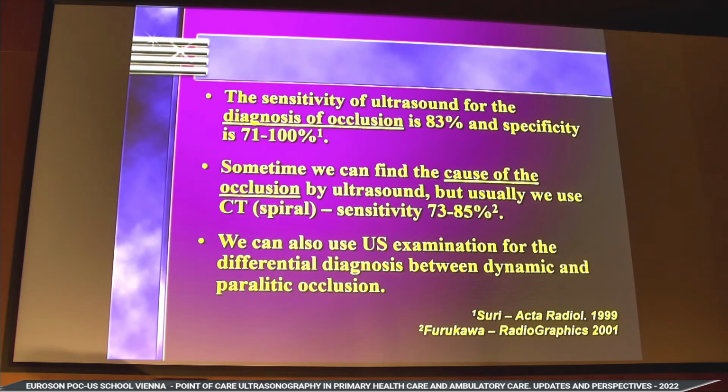Sometimes we can see the place, the tumor that makes this occlusion, or something that gives this occlusion, and sensitivity here is 70–85%. And it's very simple by ultrasound to know if this occlusion is a dynamic or paralytic occlusion, because we see the loops that are moving or not moving.